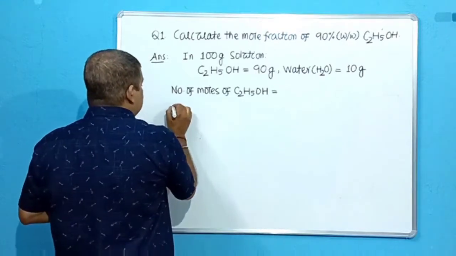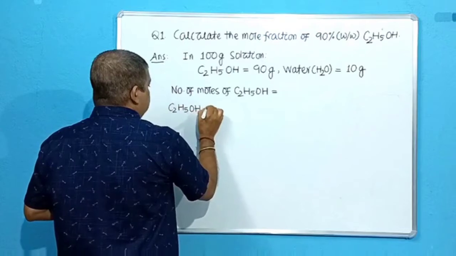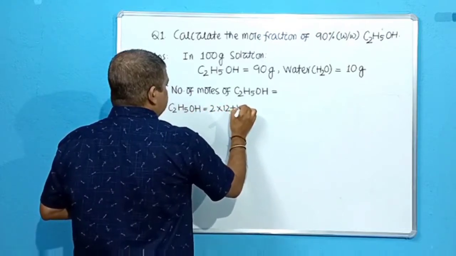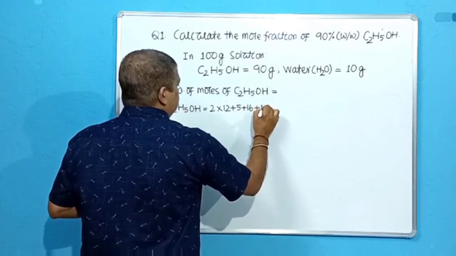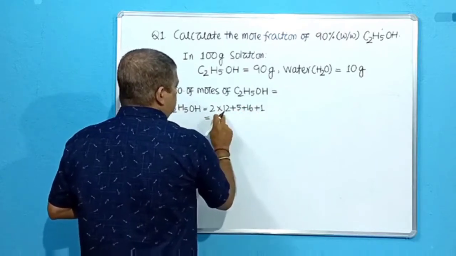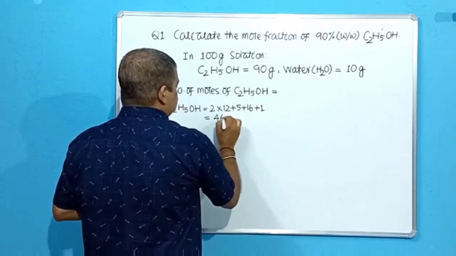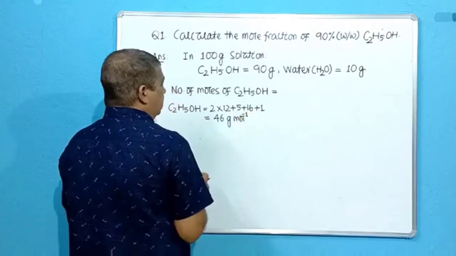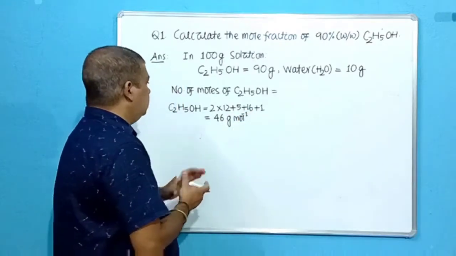So for ethyl alcohol, C2H5OH, what will be the molar mass? 2 into 12 plus 1 into 5 plus 16 plus 1: 24 plus 5 is 29, 30, 46. So the molar mass of ethyl alcohol is 46 gram per mole.